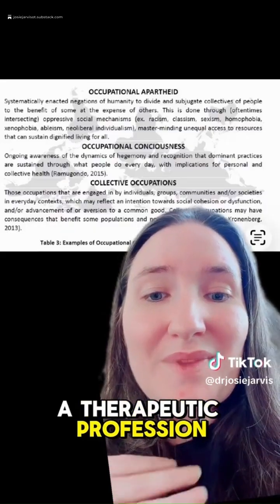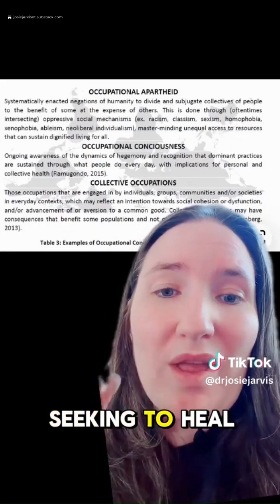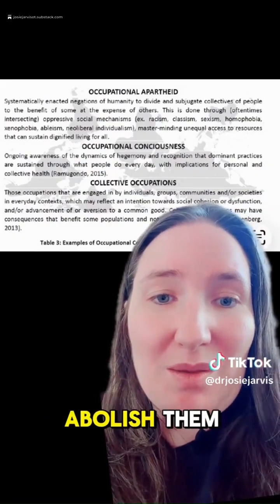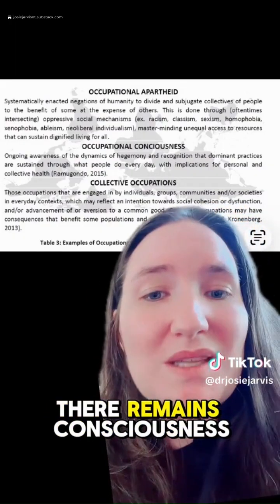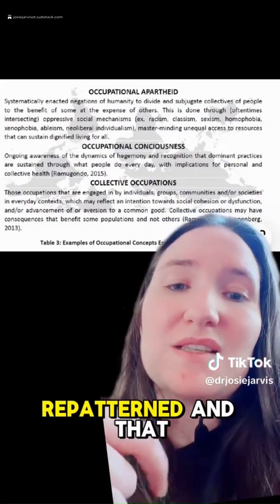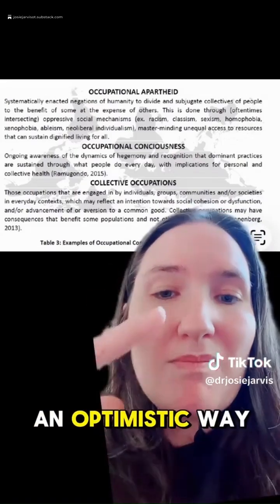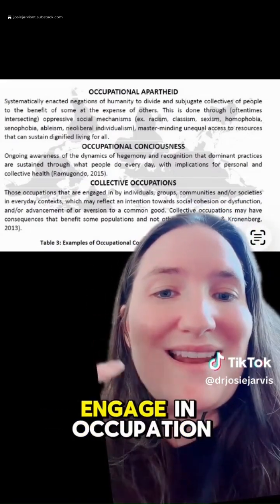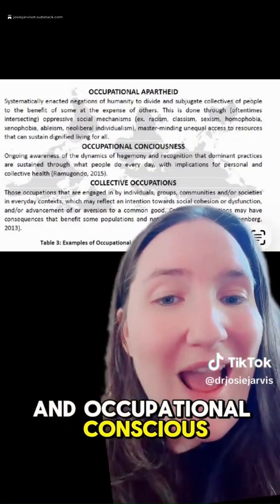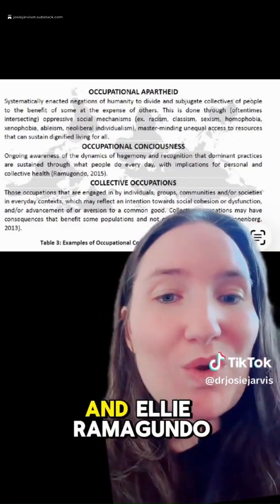And there's a worthwhile effort of grounding our ambitions as a therapeutic profession and as humans seeking to heal from these systems after surviving them, even as we abolish them. There remains consciousness that needs to be rewilded, repatterned, and that can happen in an optimistic way through how we engage in occupation.